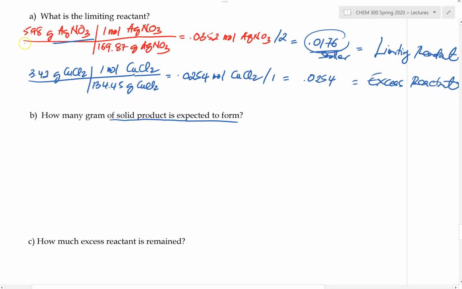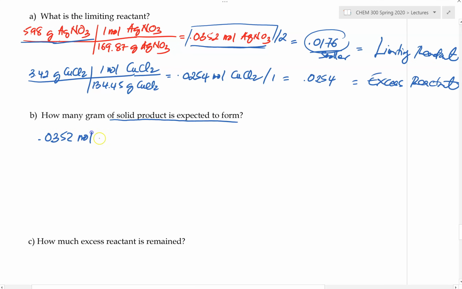Now we can either start from the gram of silver nitrate or this mole that we have computed already. It does not matter, whichever way would be the same thing. But we're going to start from the mole of silver nitrate that we calculated here, since this would save us one step.